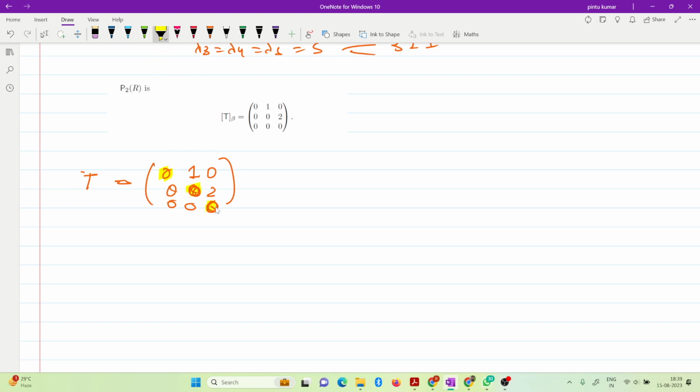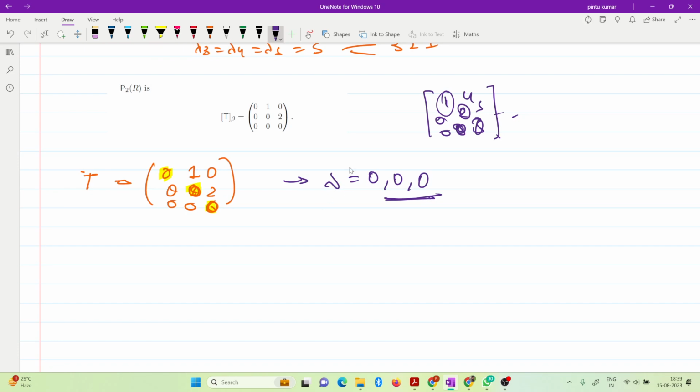So if you had a matrix with 1, 2, 3 on the diagonal and entries above it, your eigenvalues would have been 1, 2 and 3. So my eigenvalues are lambda equal to 0, 0, 0.